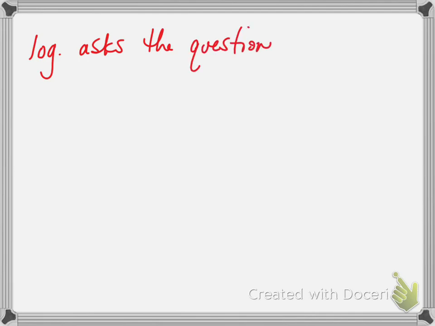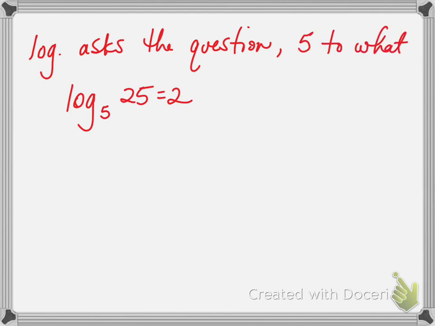Let's see. I want you to know that the logarithm asks a question. If I have log base 5 of 25 equals 2, it asks the question, 5 to what power is 25?